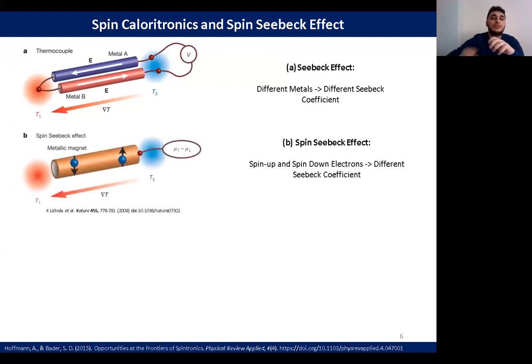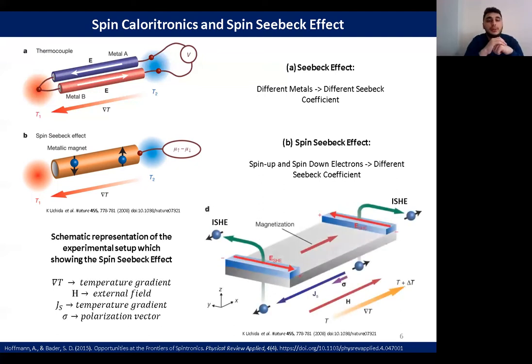So if we move on to the spin-Seebeck effect, these Seebeck coefficients are also different from each other for spin up and spin down electrons. Thus, the temperature difference triggers a voltage difference, and this voltage can be detected with the inverse spin-Hall effect.